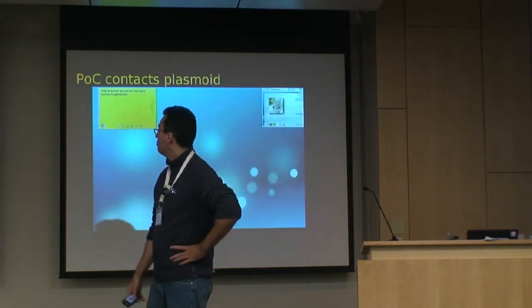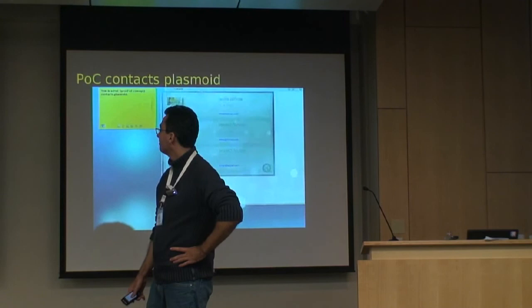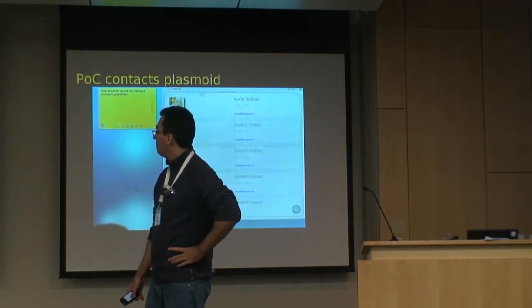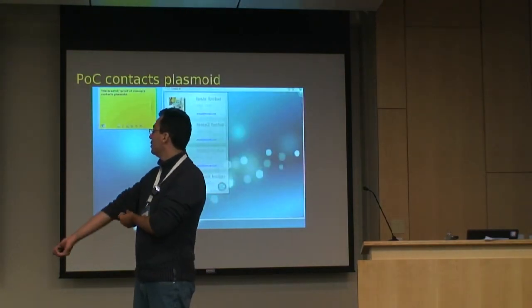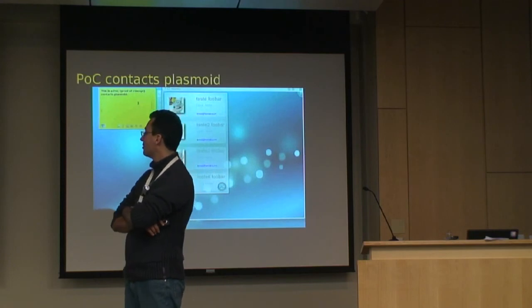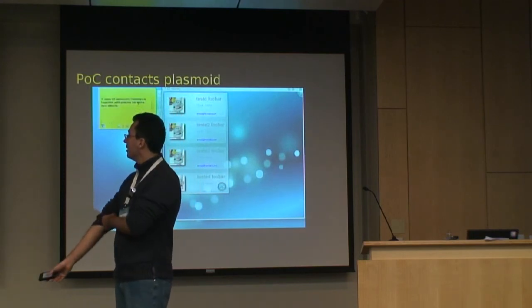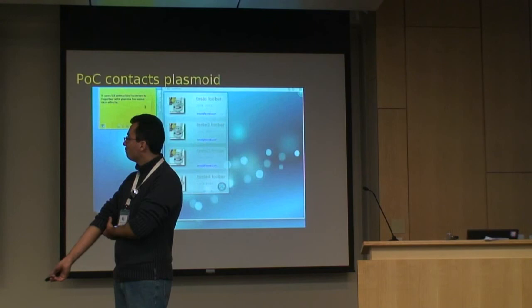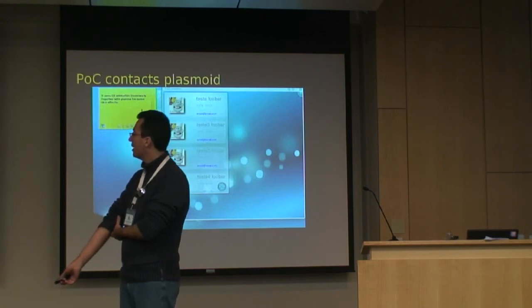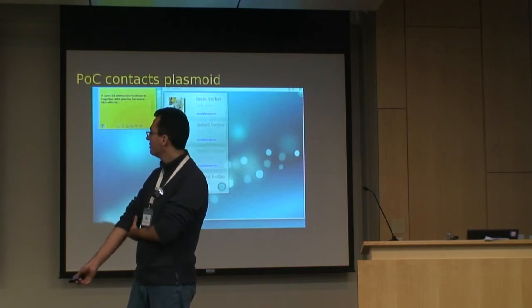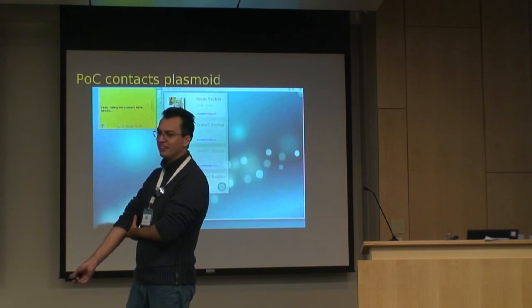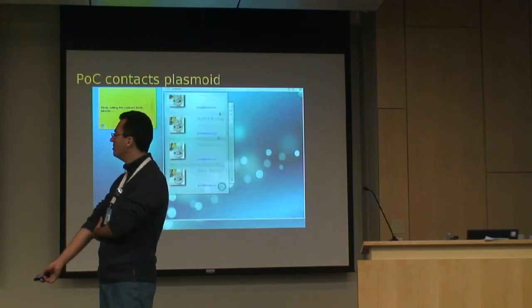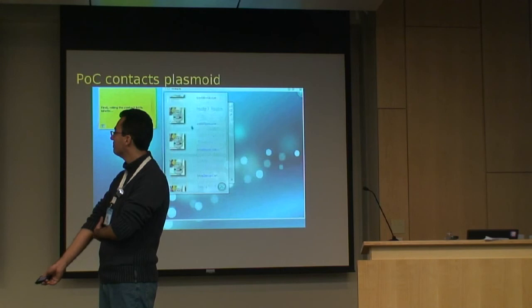Okay, so we have Plasmoid Viewer. We have the proof of concept contacts plasmoid. And it's possible to see the kinetic scrolling list in a few seconds. I think it's been quite a long time since I made this video. Oh yeah, kinetic scrolling.